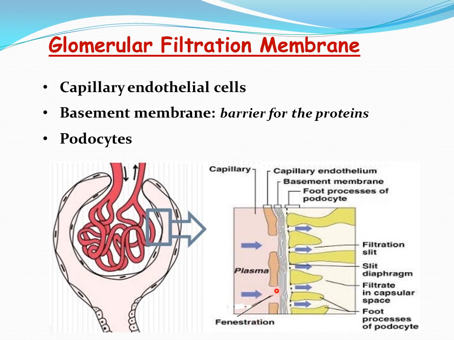These are large pores through which the plasma can be filtered easily. The pore size is around 50 to 90 nanometers, so they are much larger and most substances can filter through these. But another thing about this endothelial cell layer is that they are also negatively charged, so negatively charged substances can be repelled by this. So this is the first layer.